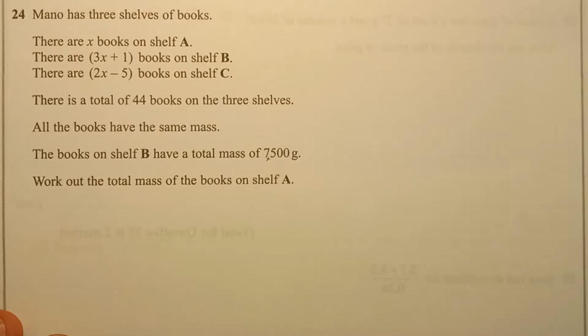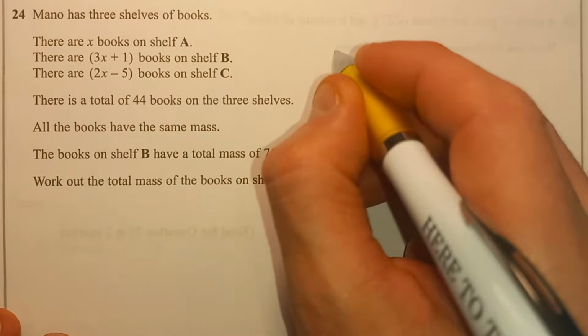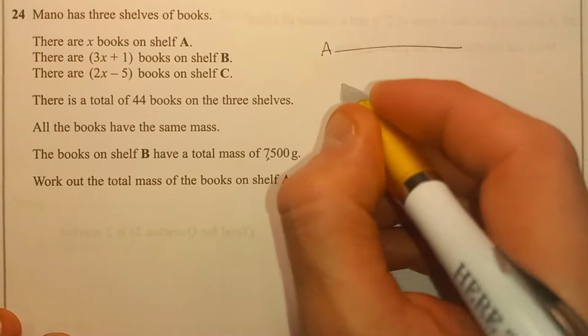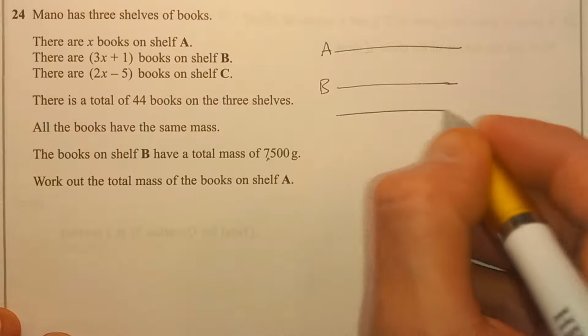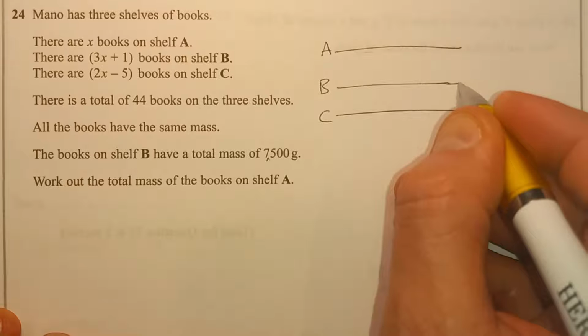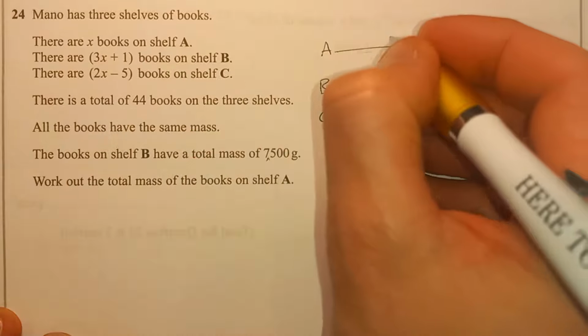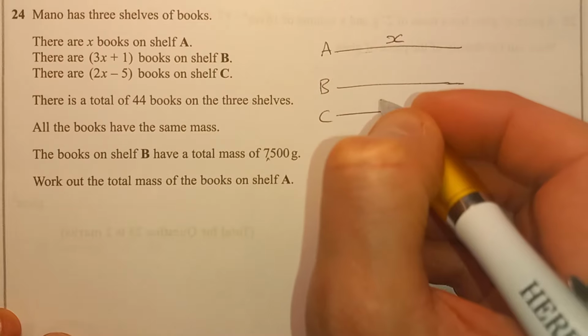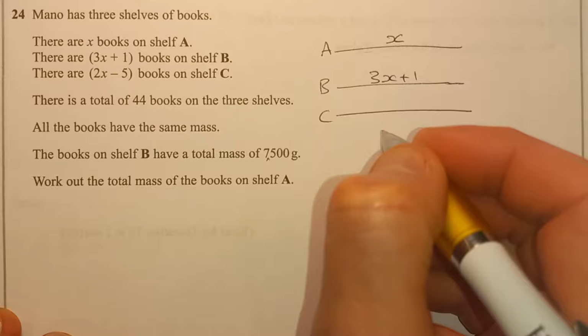Right, loads of information there. Quite confusing. So let's think. We've got shelf A, shelf B, and shelf C. On shelf A, we've got x books. Shelf B, we've got 3x plus 1 books.